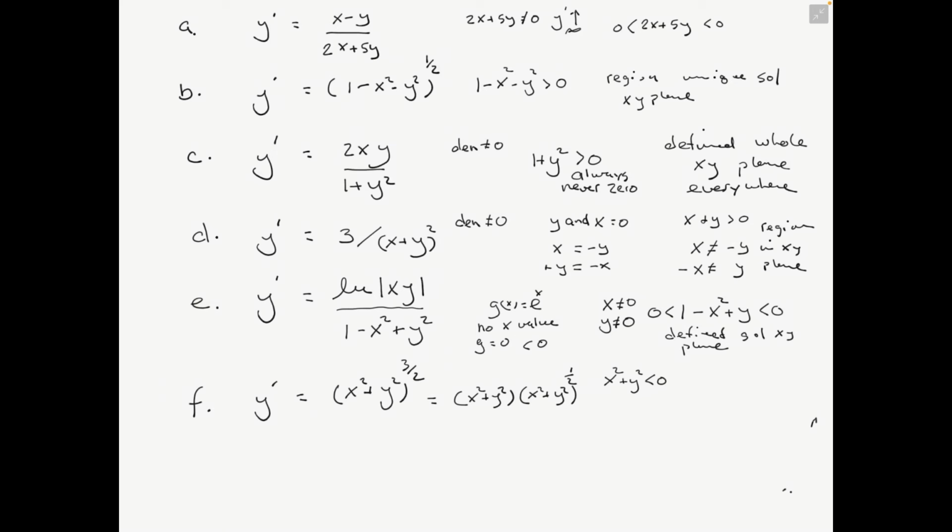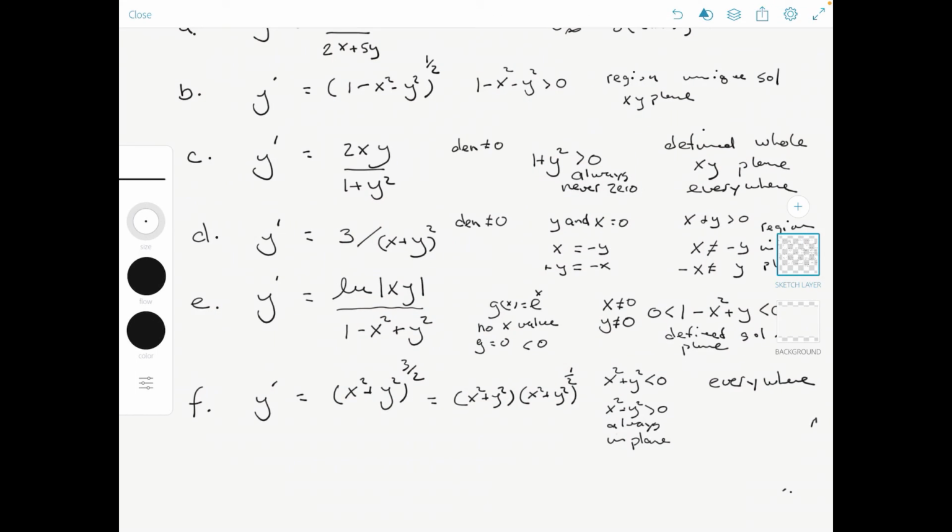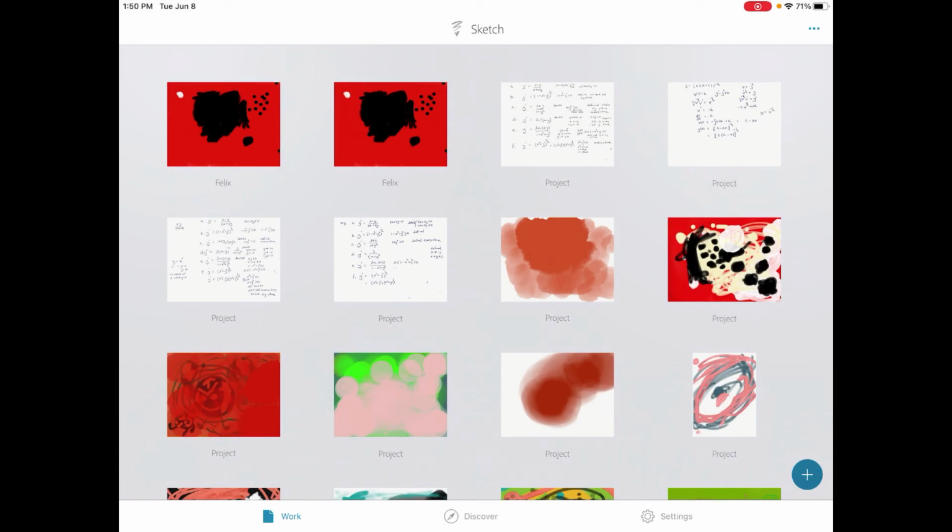So that's not possible. x squared plus y squared is greater than 0 always in the entire plane. So it's defined everywhere. The same situation as letter C. So with that, we move on to some other problems.